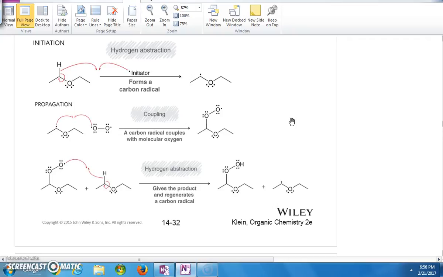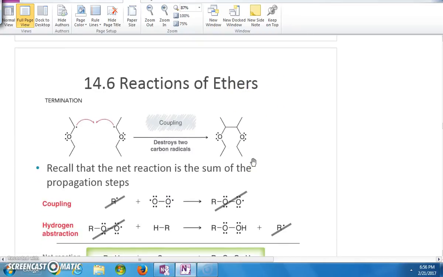You can see the initiation, formation of the radical, and here the propagation, the presence of molecular oxygen, and after that you can see the hydrogen abstraction to give you this radical, and the process continues, and then you have a termination.